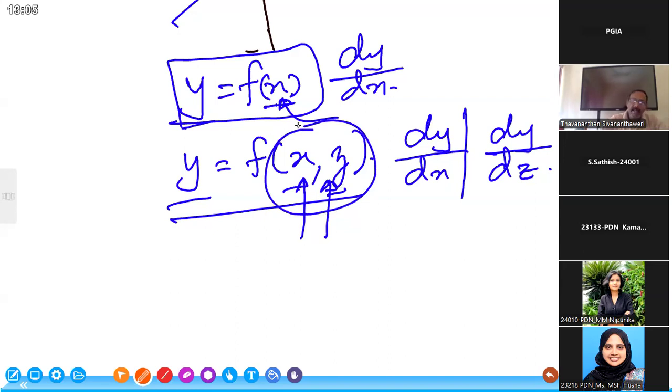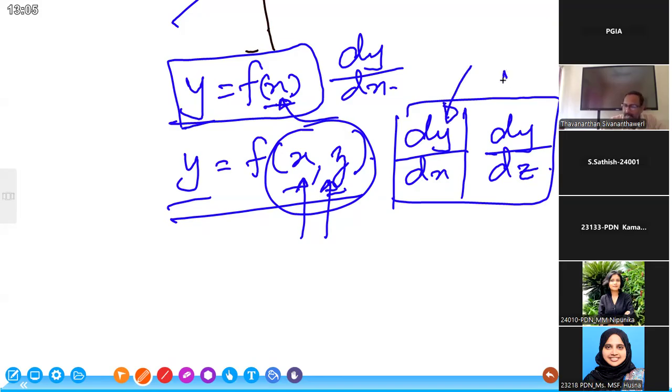This is how two independent variables are written for a function: y equals a function of x and z. So dy by dx and dy by dz. How do we handle this? This is what we are going to learn as the first topic today.